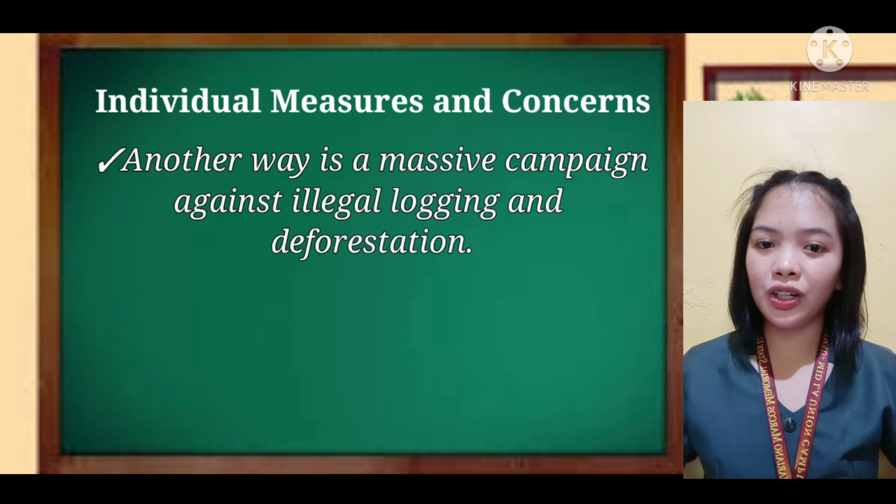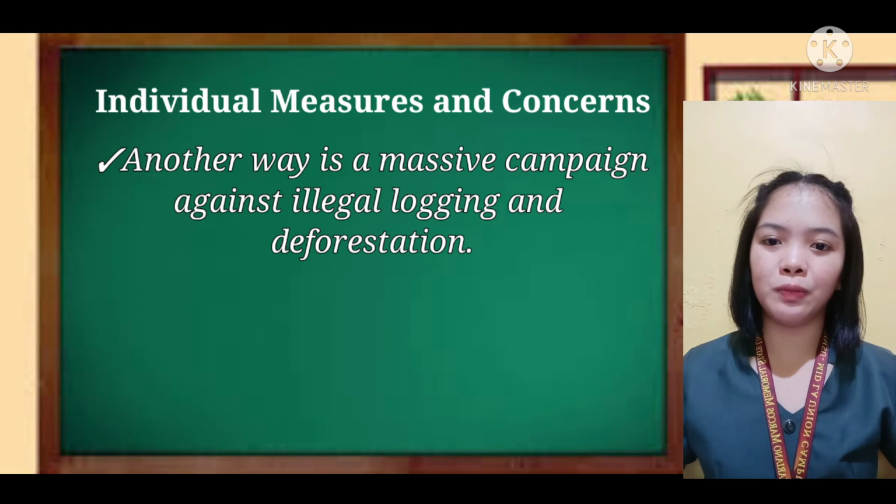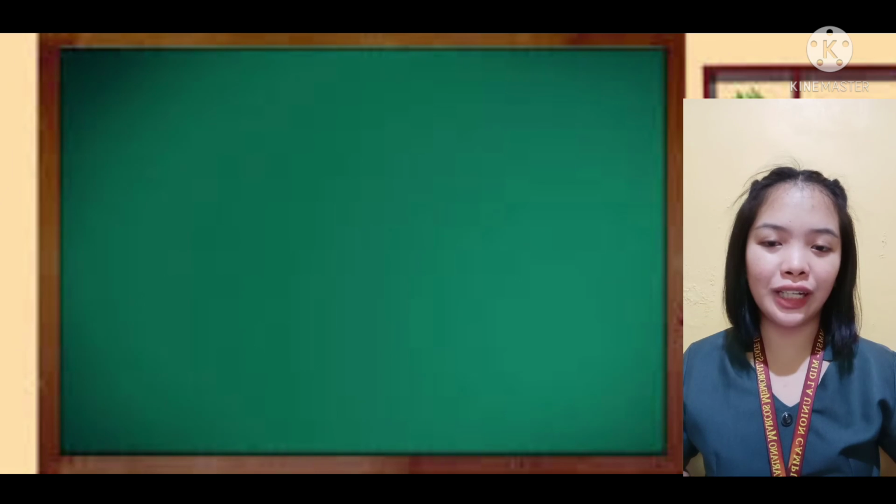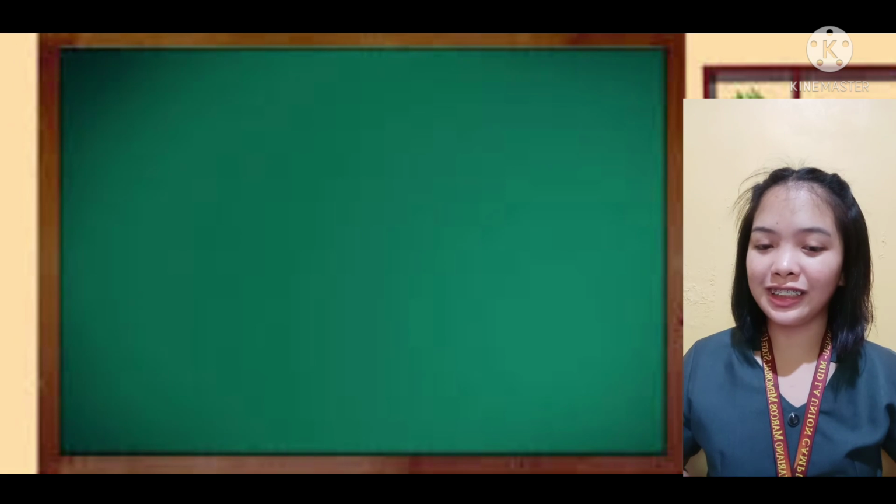We should encourage others to participate in preserving and maintaining our environment. Our global warming and pollution problems will also help us realize the importance of planting. If only all of us will follow the different ways given, then we can preserve our environment. Do you understand? Very good.